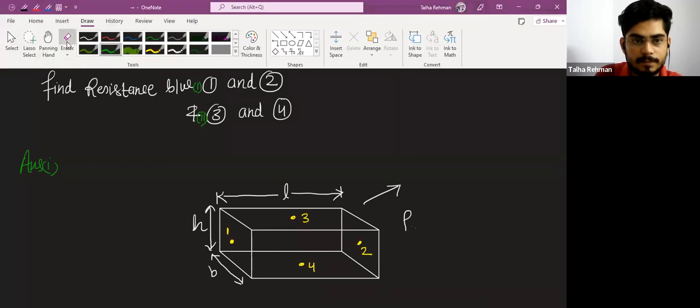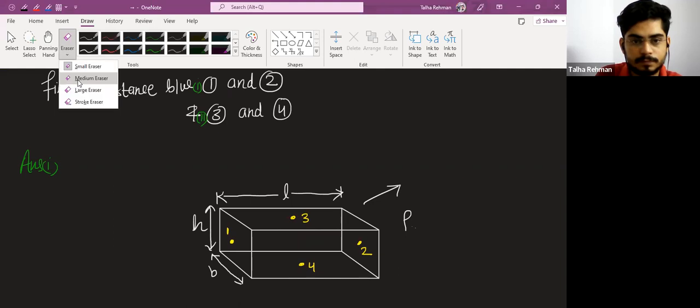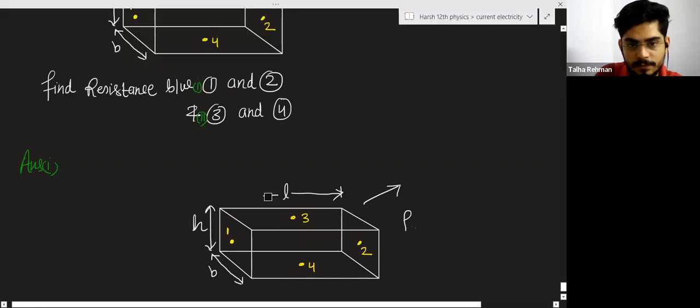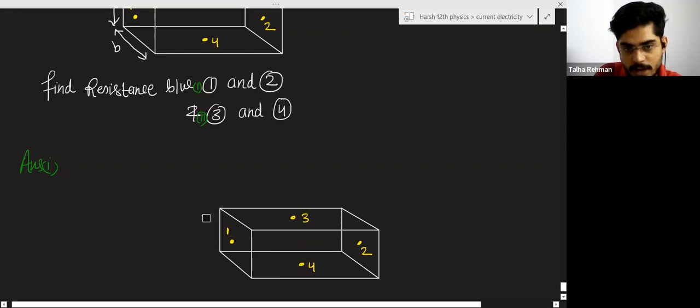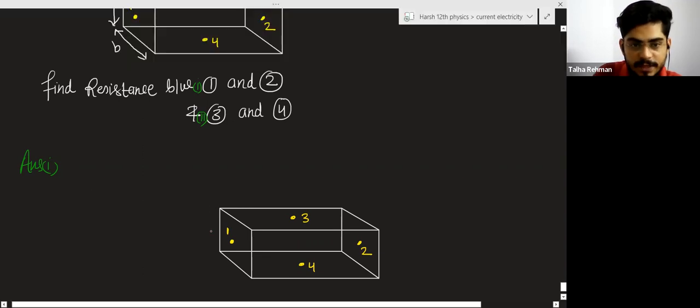We know this is length, height H, width V. I want to find the resistance between these two faces of this cuboid.